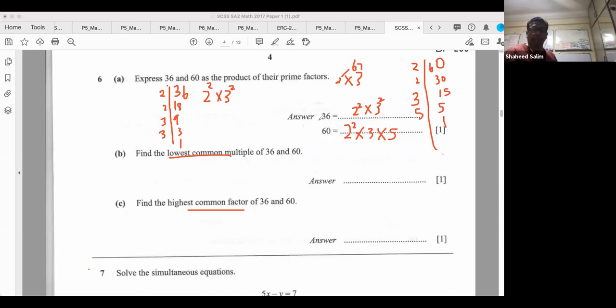If you know how to do it, immediately use the formula, you can get the answer for this one and this one. If you don't know, I will have to show you. One minute, you try. LCM, HCF.